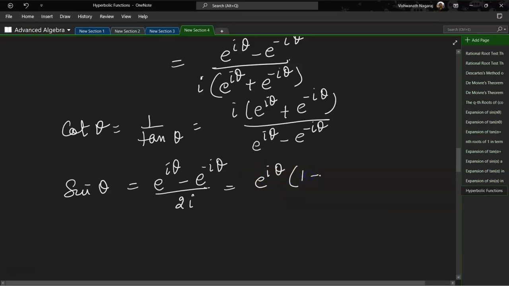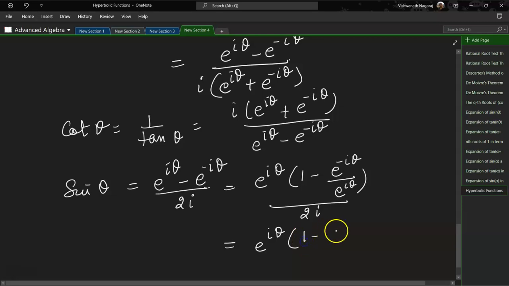You are left with 1 minus, now you took out e^(iθ), so e^(-iθ) divided by e^(iθ), by 2i, which is going to be equal to e^(iθ) times (1 minus e^(-2iθ)) by 2i, if we bring this to the numerator, this will become minus 2iθ.